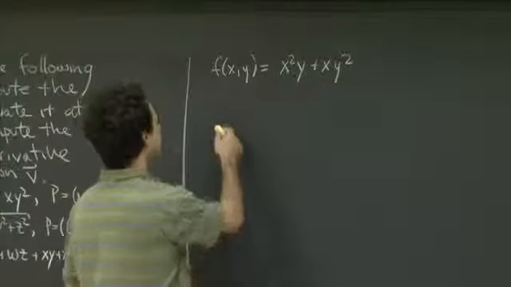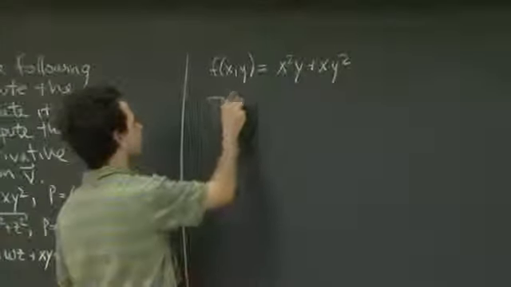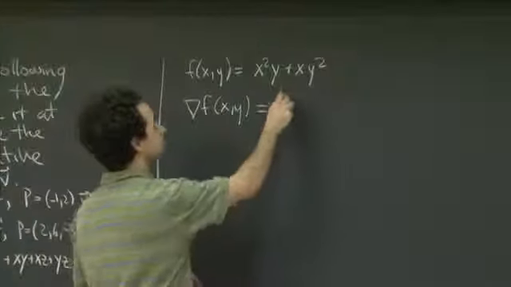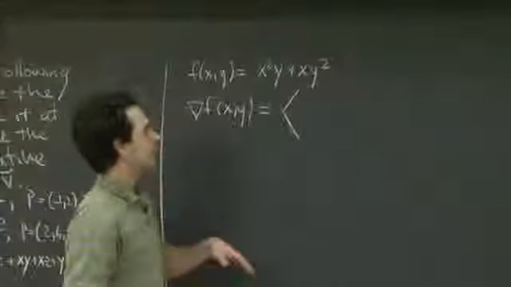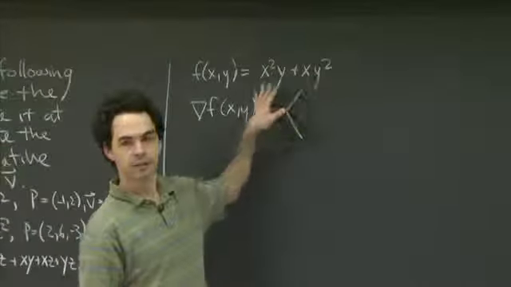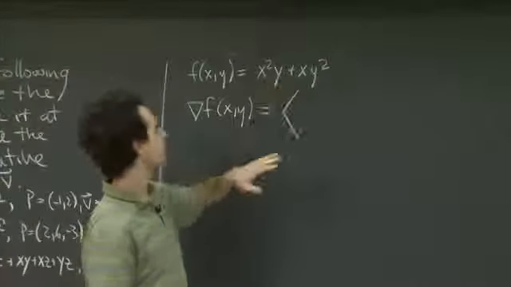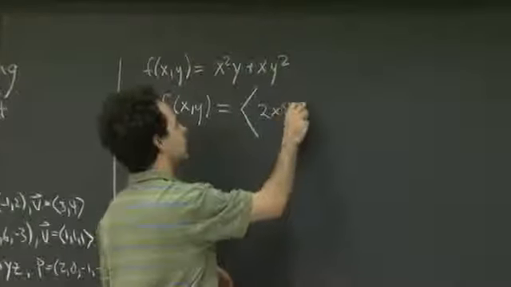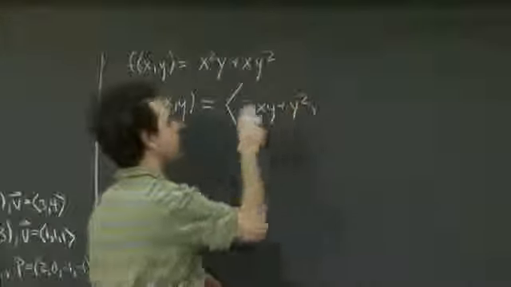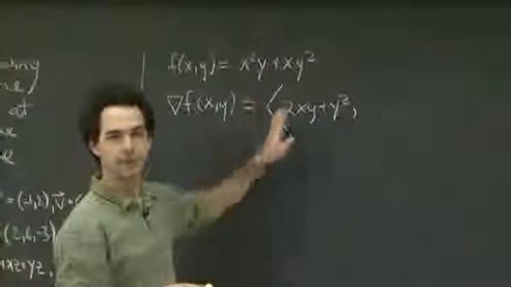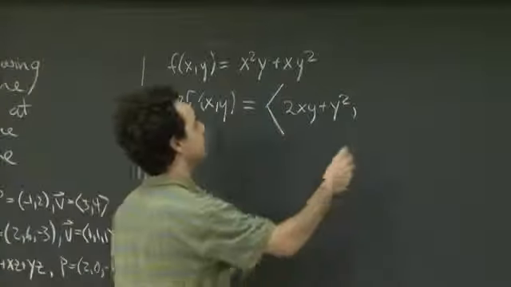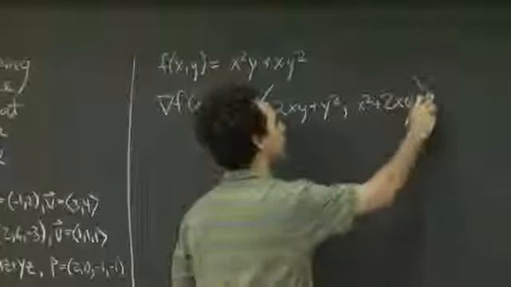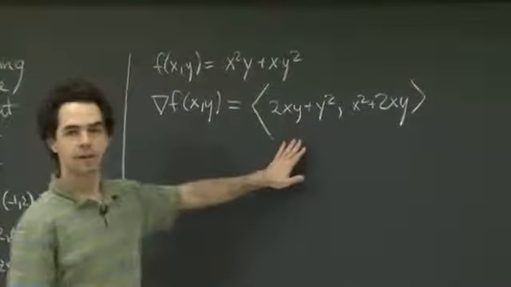So the gradient of f at x, y is the vector whose first component is the partial of f with respect to x, which is 2xy plus y squared. Its second component is the partial of f with respect to y, which is x squared plus 2xy. So this is the gradient of our function f.